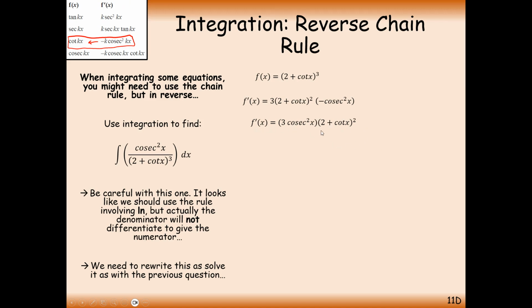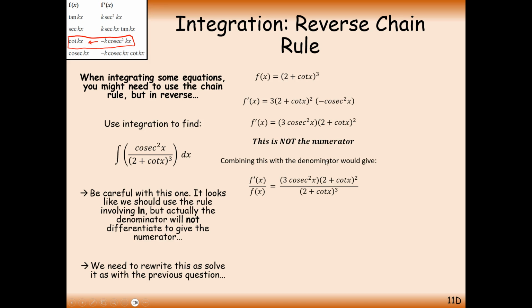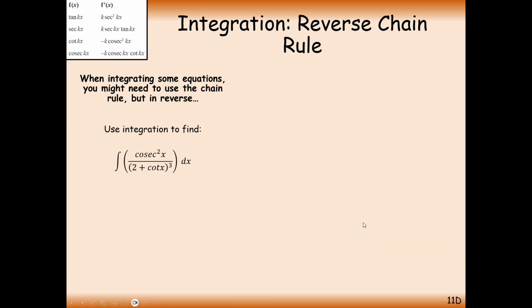So we don't have that. This is not the logarithm version. This is not what we would have had. If we had that, the powers of 2 and power 3 would have cancelled out under the integral. So unfortunately, that doesn't work.